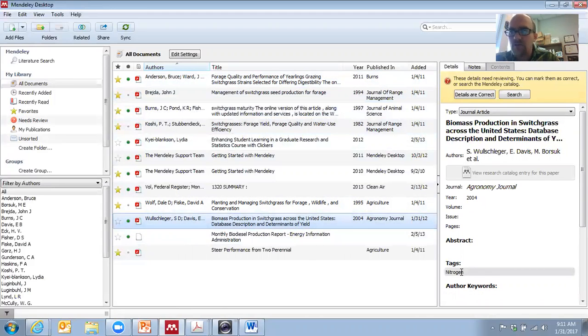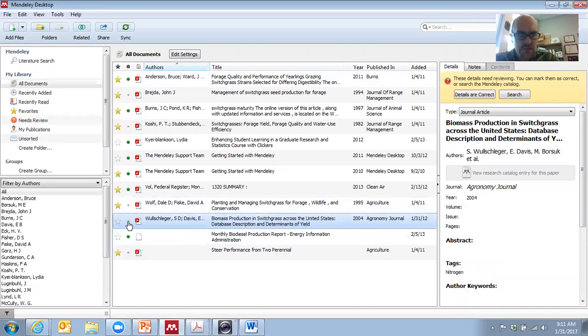If you remember before when I was doing annotation on the Word document, one of the categories I was looking at was nitrogen. So in this case, here's nitrogen. And then you can search. If you wanted to filter, you could filter by particular tags. And so you could look at only the papers that related to nitrogen, or whatever it was that you had identified.